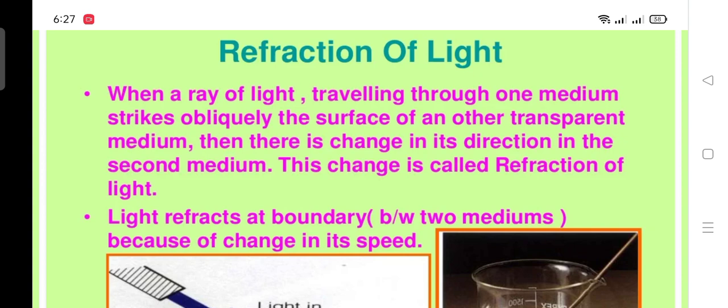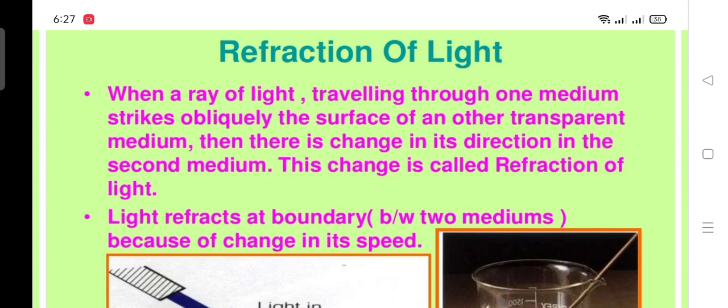So students, refraction of light is when a ray of light traveling through one medium strikes obliquely the surface of another transparent medium, then there is a change in direction in the second medium. This change is called refraction. Or we can say that when light travels between two different media of different density, the light changes its original path to another path.